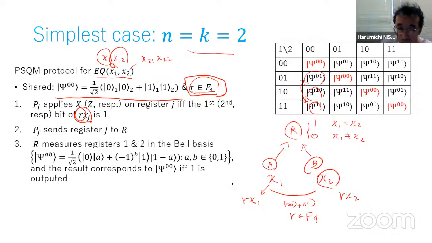Then we run the protocol. Consider x1 prime and x2 prime. For these two inputs, we run XZ on the register, using this table.